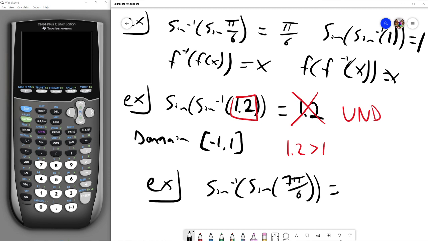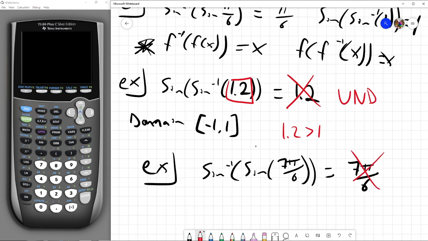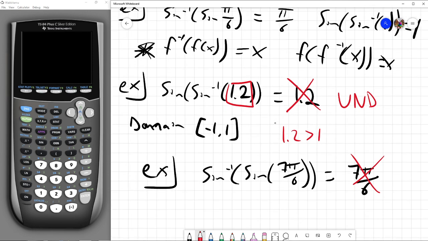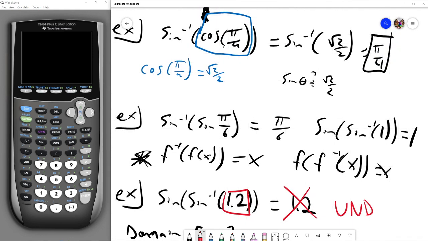You might be tempted to think that has to be 7 pi over 6 because the sine and the arcsine kill each other off according to these properties right here. But not so fast. That is still wrong. This is one of the weird things. So if we think back to our first example, our first step was to evaluate the inside. So let's do that.